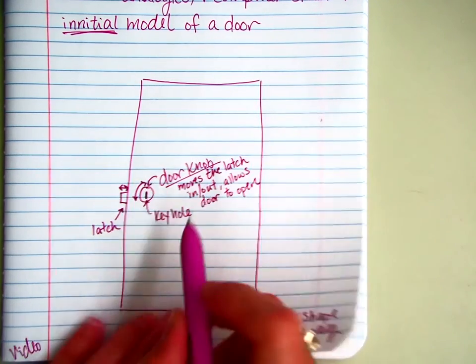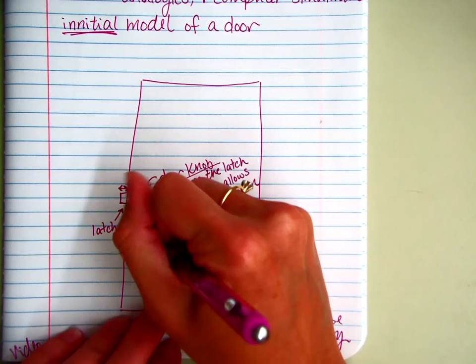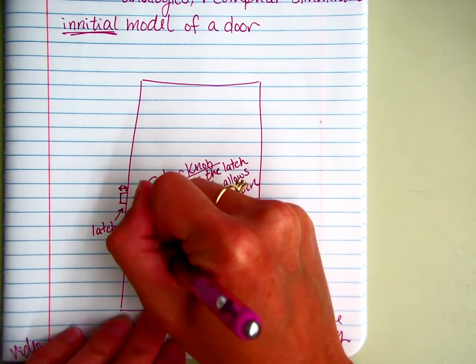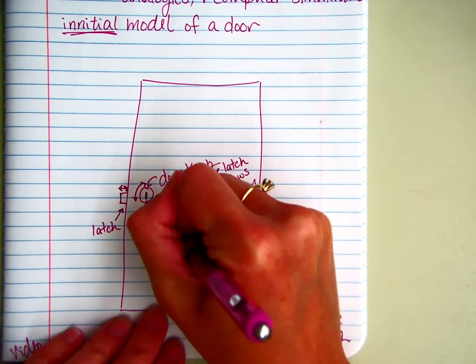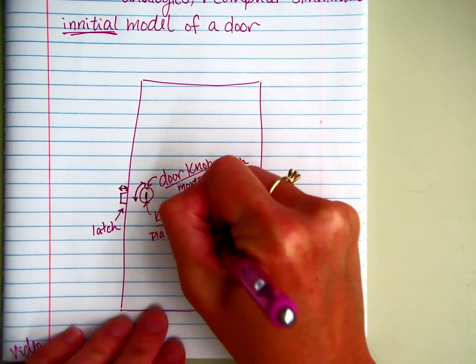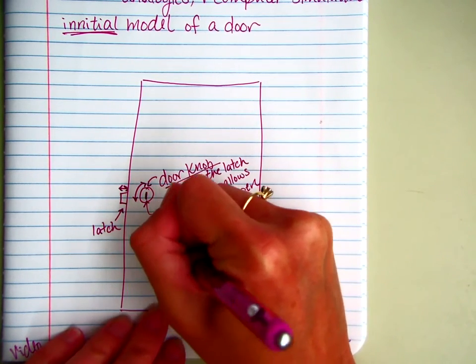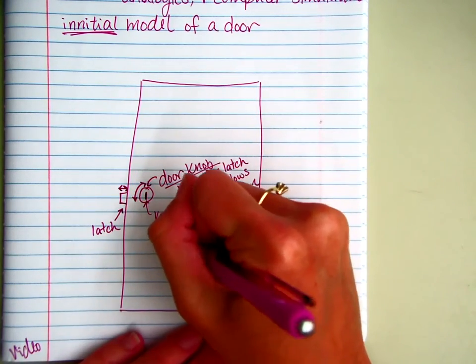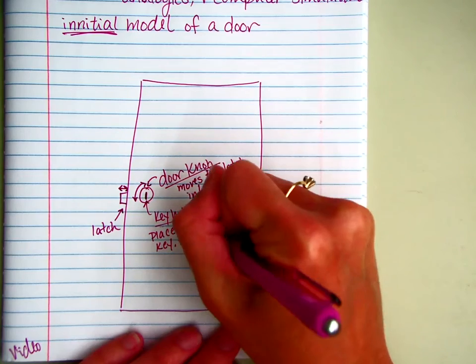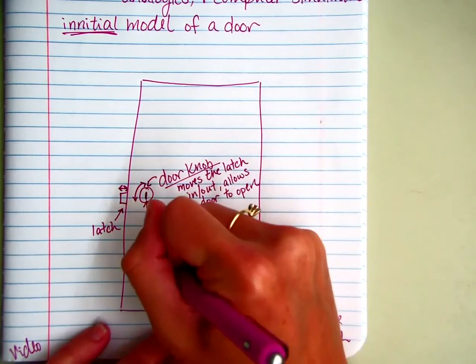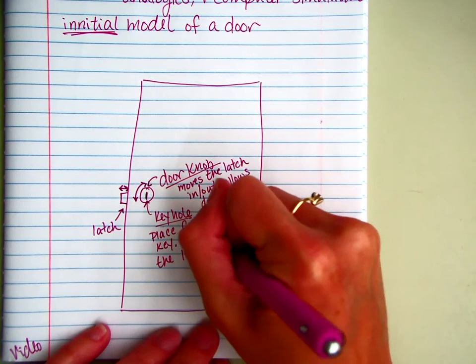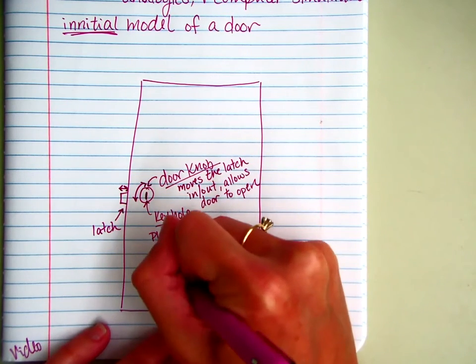And then the keyhole, that's a place for the key, right? And it allows you to lock the door or lock the latch to keep the door closed.